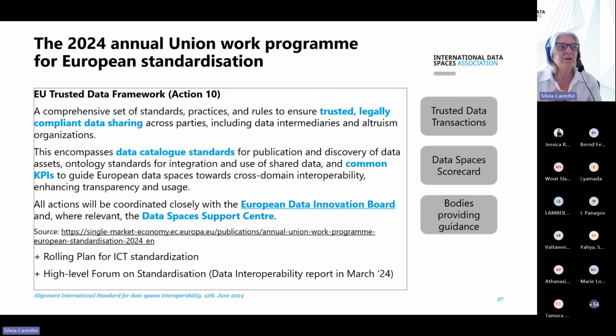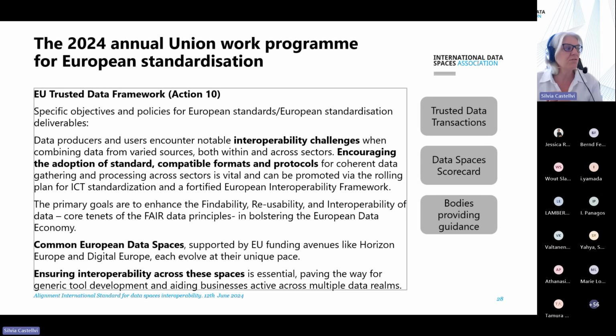I have commented on, we identify three key actions that affect data spaces standardization: the trusted data transactions standardization, establishing a data space scorecard that includes a scorecard or maturity model for data spaces interoperability, and also establishing bodies providing guidelines, and this is the purpose of the focus group.